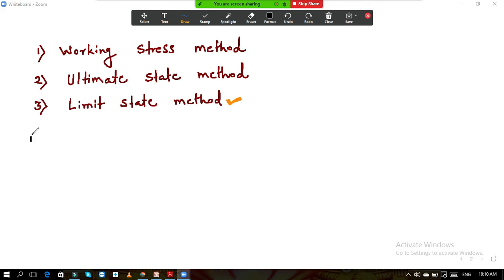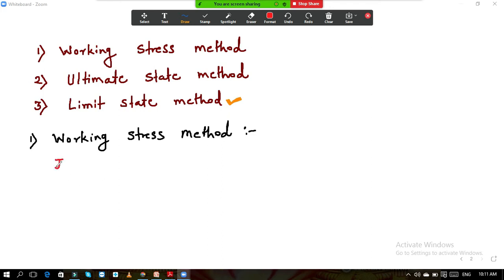So the first heading: working stress method. I will give you some notes about this method, so copy down these notes from here. Write with me simultaneously. Working stress method.